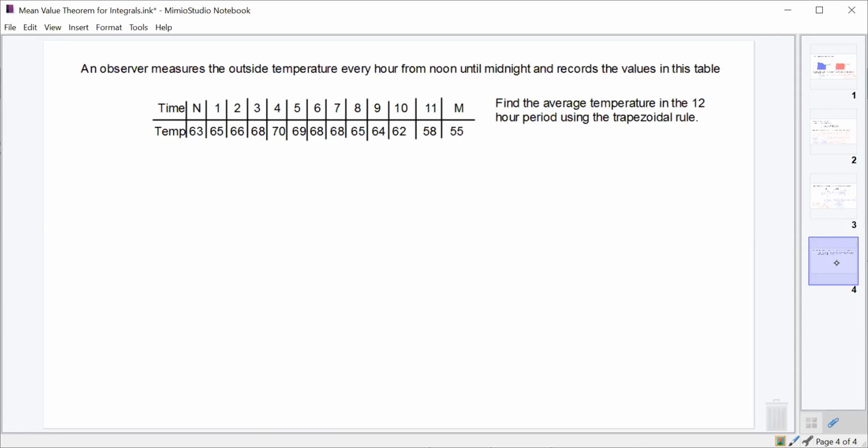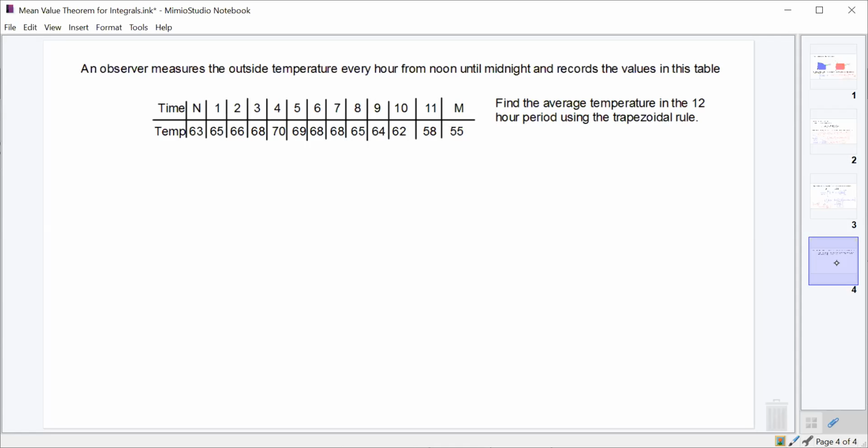We want to find the average temperature in the 12-hour period, assuming that this is a continuous function. Now, we don't have a function to model it with, but we do have some approximation methods to approximate what the integral is equal to.